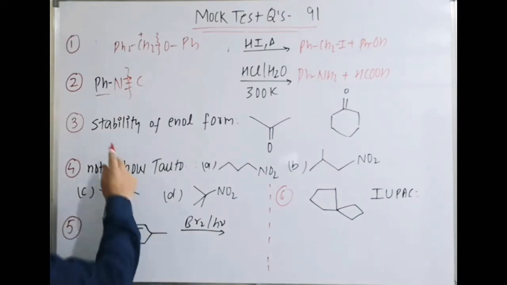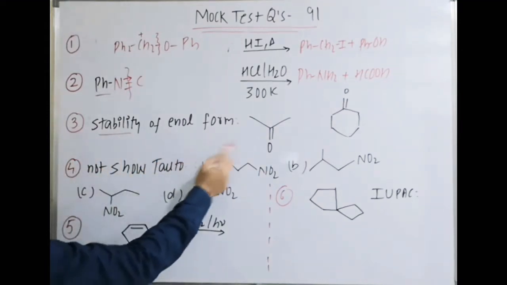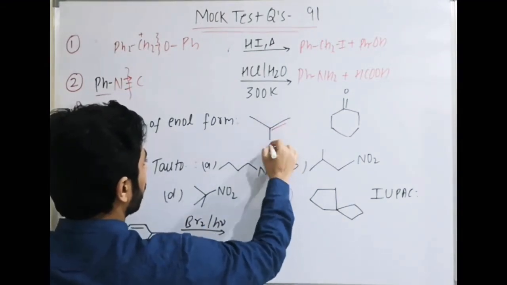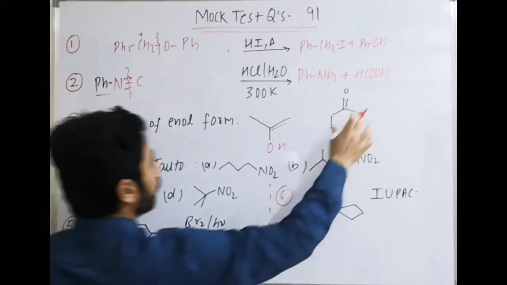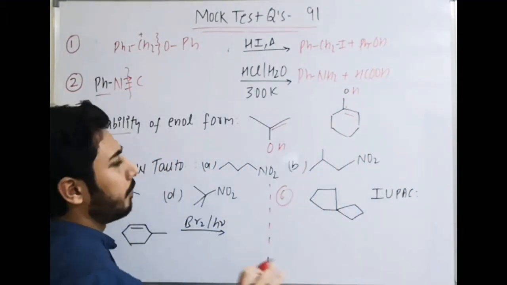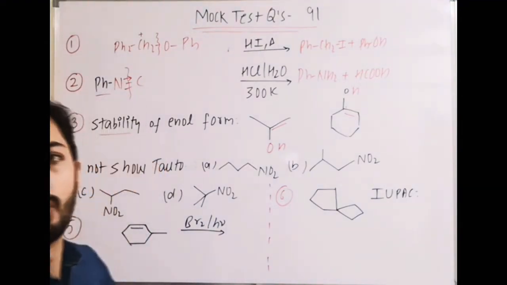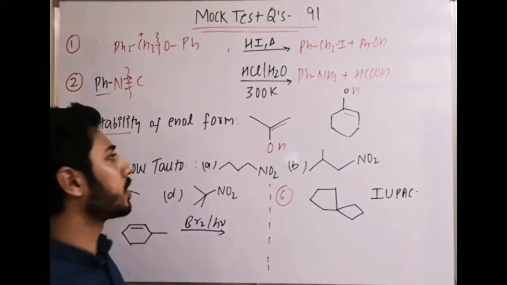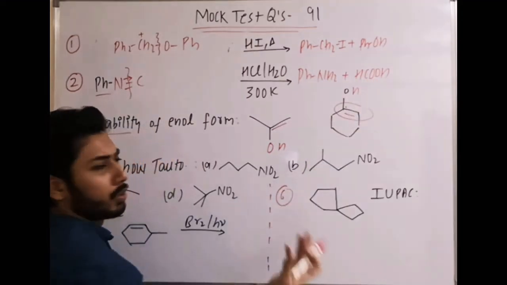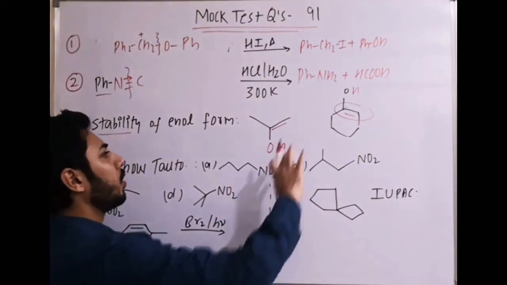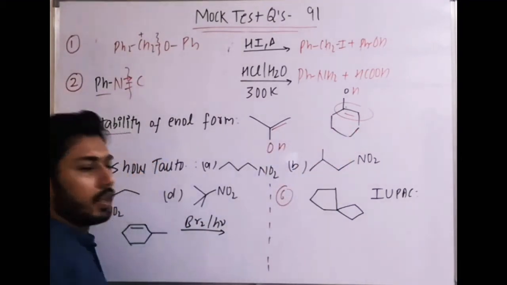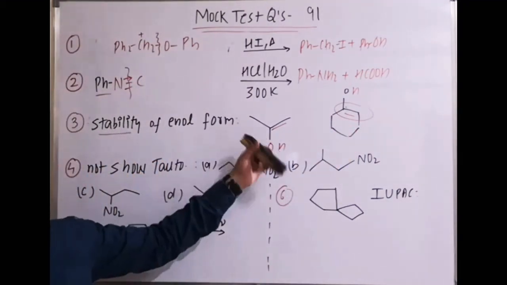Third, I hope that you have already thought about that one, the enol form. Its enol form will be this one. Firstly, both are highly in their keto forms, but if the comparison is asked, then at least we can say that the alkene is slightly more branched, more substituted, so its enol form will be more as compared to this one, although both are more than 99% in keto form.